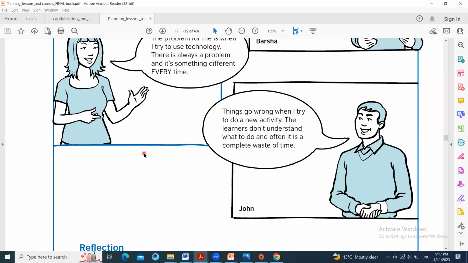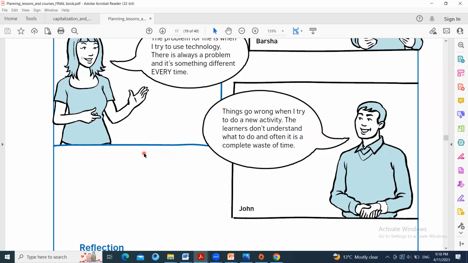Try demonstrating the activity first, for a game, for example. The class could play against you, or a learner or a group of learners could play while the rest of the class watches. So such type of thing also can be helpful.